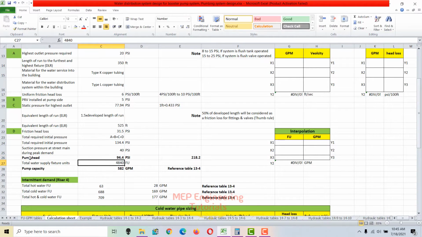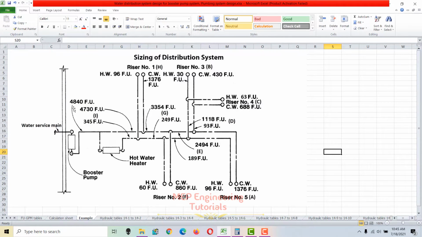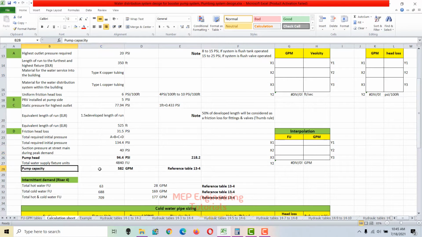That means the pump head is 94.4 psi, and if you want to convert this into feet, you will get 218 feet as the pump head here. If you see over here, the total water supply fixture units which we calculated here, I will tell you later. Let me just calculate the pump head and total capacity.